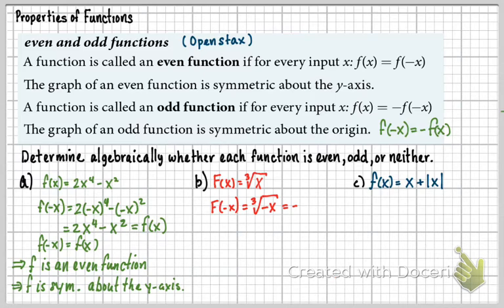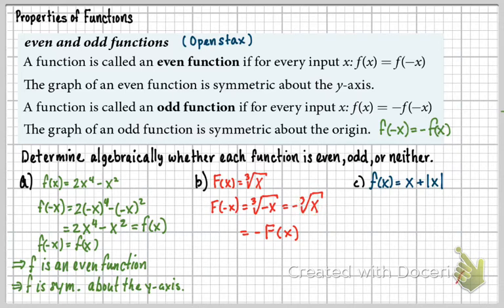So this is actually going to be the negative cube root of x. This is equal to negative f of x. If I took the negative away, it would be exactly this function here.